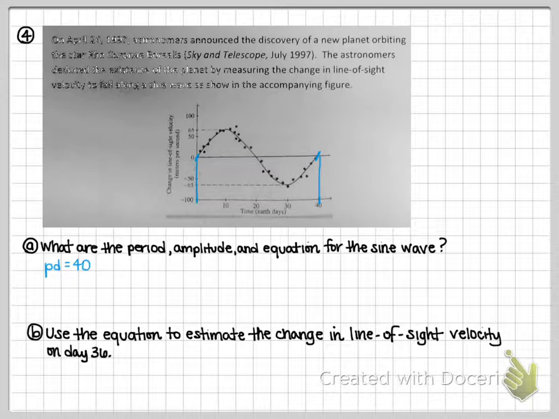Amplitude is that vertical distance. Now, it's not from min to max, it's from min to max cut in half. So I would look for my lowest point and my highest point. It actually looks like they did it for me, which is kind of nice.